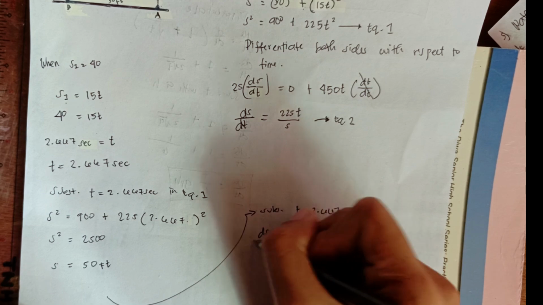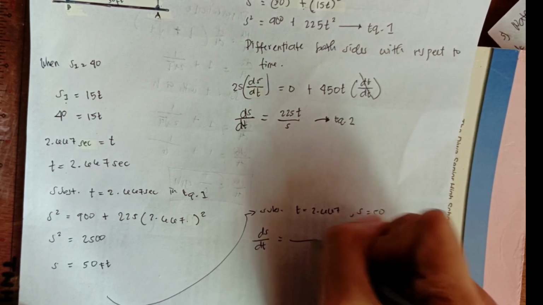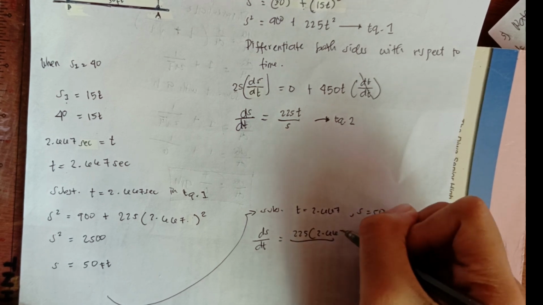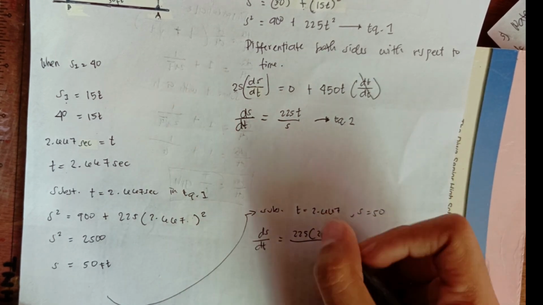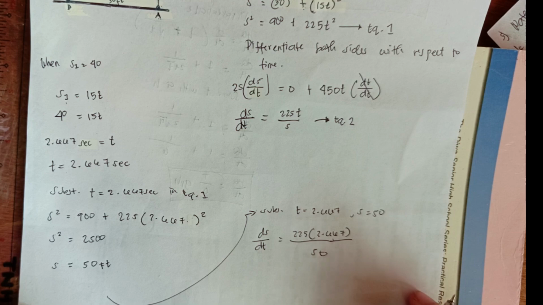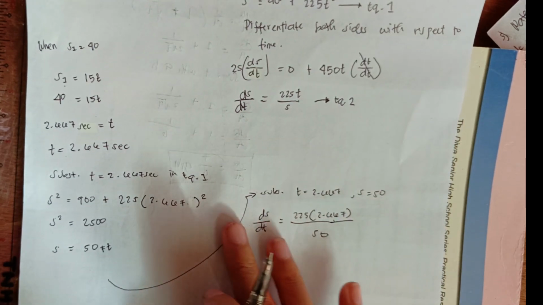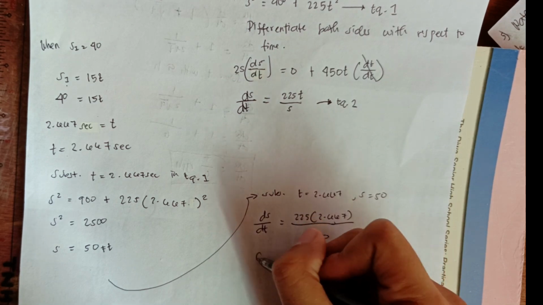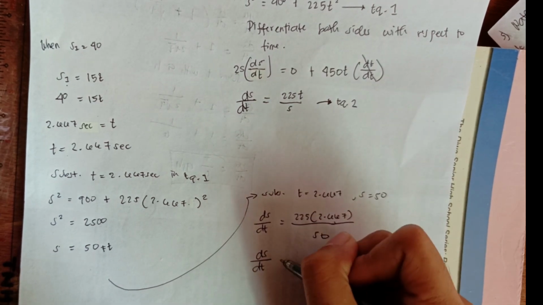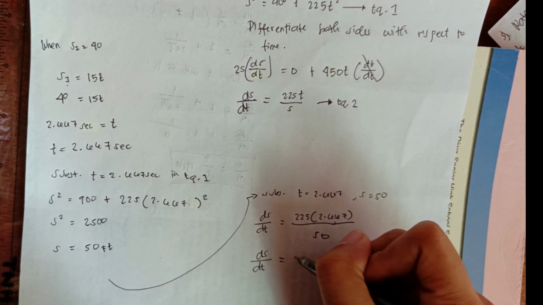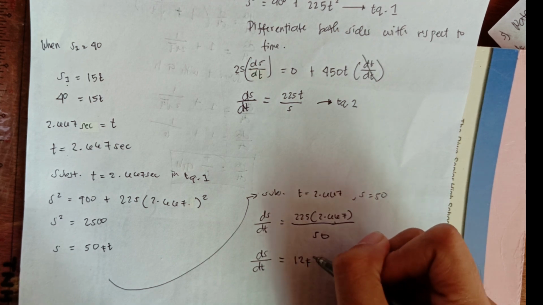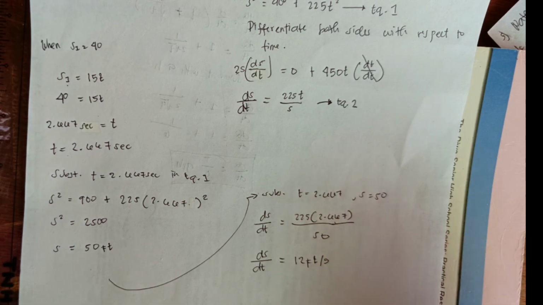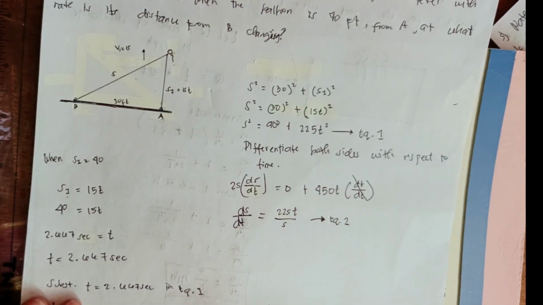So, ds/dt is equal to 225 times 2.667 over 50. So, after makalculate nato ni siya, natay result nga ds/dt is equal to 12 feet per second. So, this is the answer.